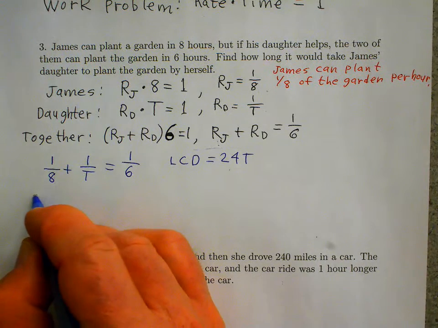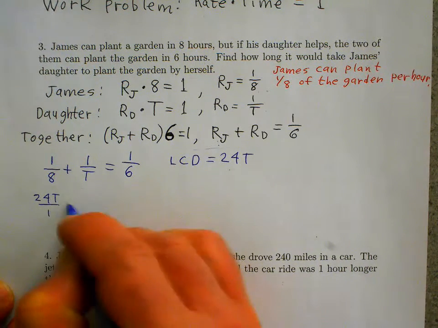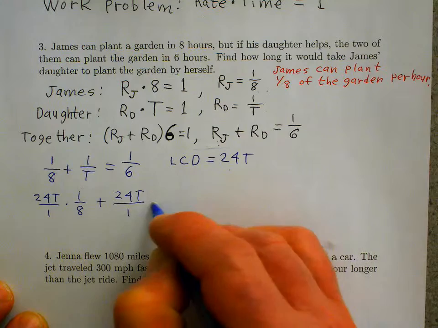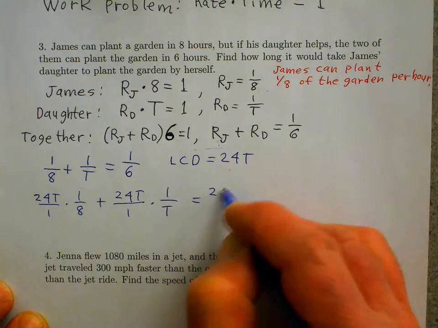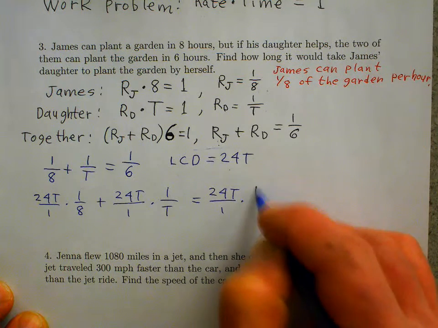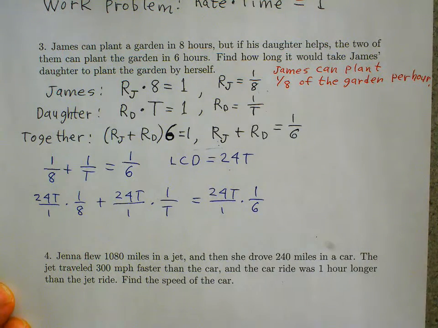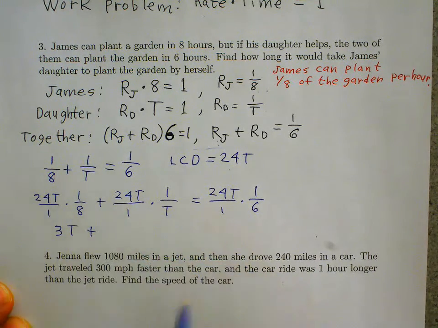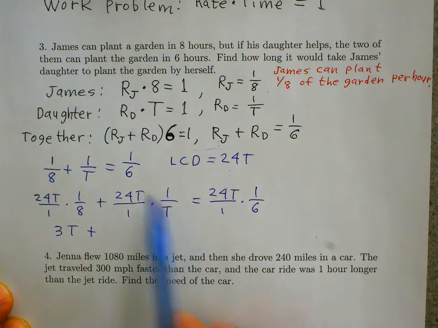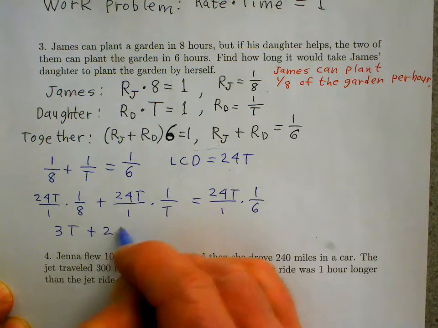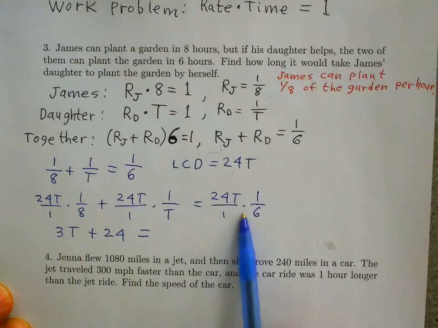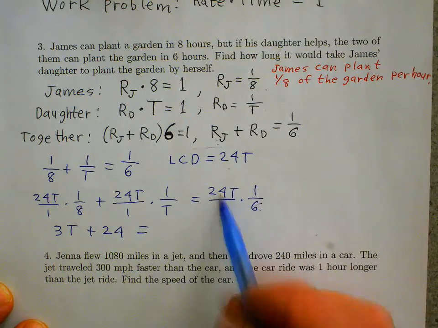And so we multiply every term on both sides by 24t. 24t over 1 times 1/8: 8 goes into 24 3 times, so this simplifies to 3t. 24t over 1 times 1/t: the t's cancel, so we get 3t plus 24 on the right-hand side. 24t over 1 times 1/6: 6 goes into 24 4 times, so we get 4t.